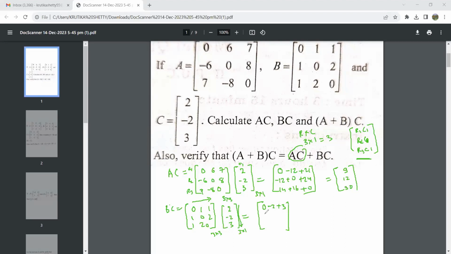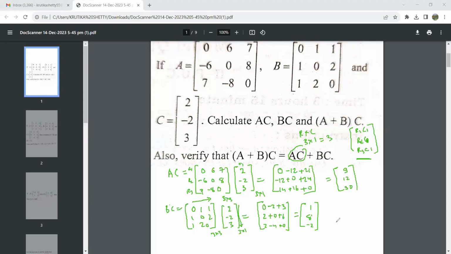Similarly, next 1 into 2 is 2, 0 into minus 2 is 0, and then 2 into 3 is 6. Similarly, 1 into 2 is 2, 2 into minus 2 is minus 4, and 0 into 3 is 0. Okay, so here we have 1, next it will be 8, and then minus 2. So 1, 8 and minus 2.